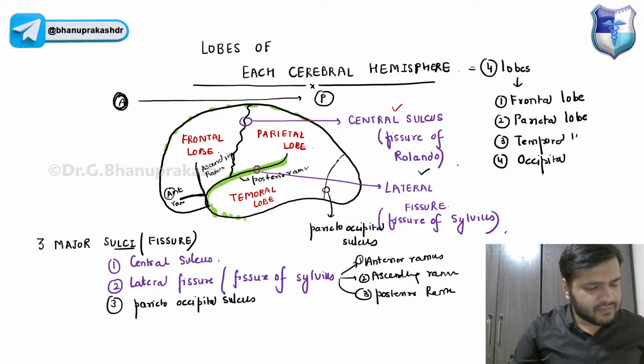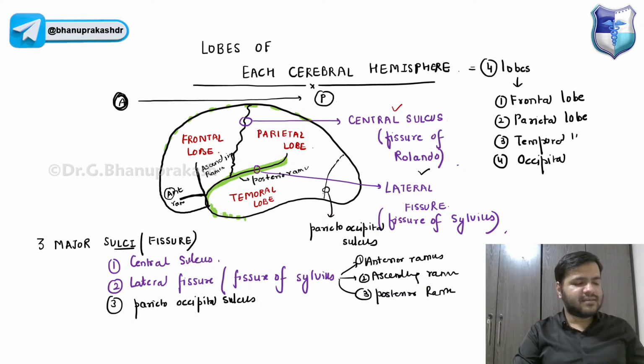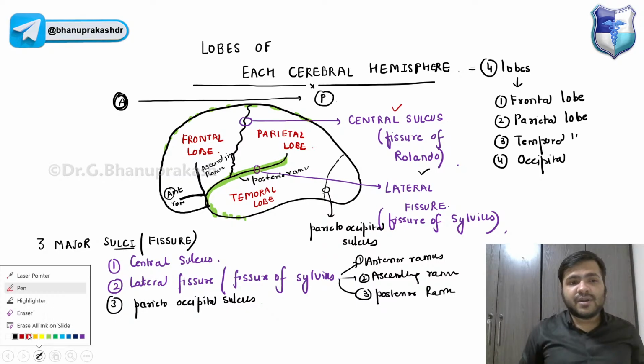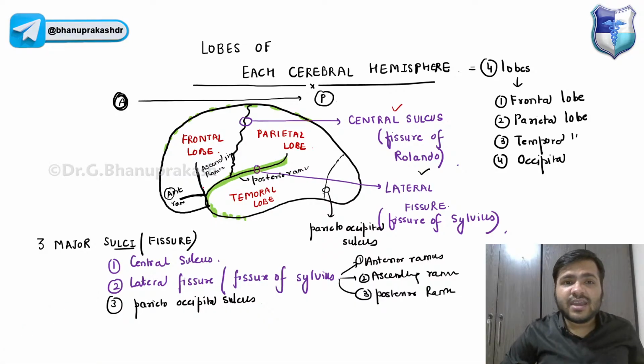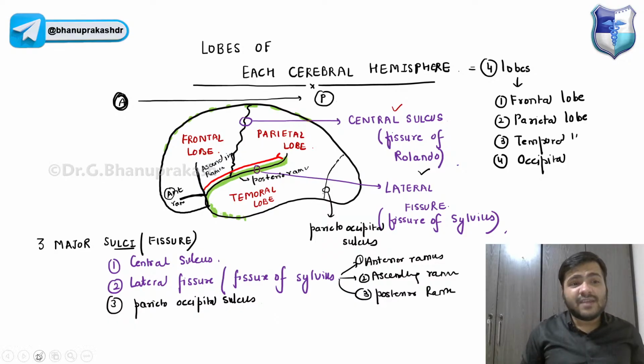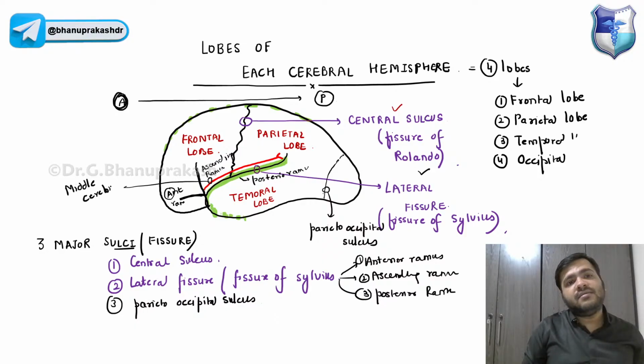Apart from that, guys, there is one more important thing that you have to notice over here, and that is regarding that this particular fissure will lodge an artery over here. यहीं पर एक artery भी supply करती है. And remember, guys, this is very important from the clinical point of view, that this artery is called as the middle cerebral artery.